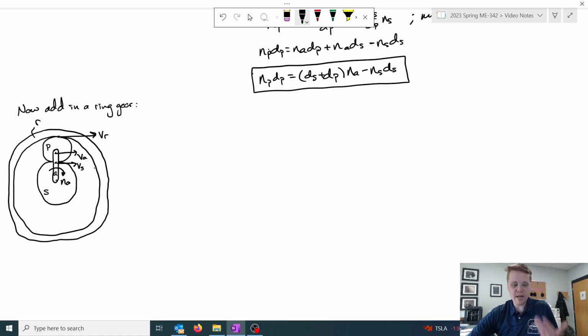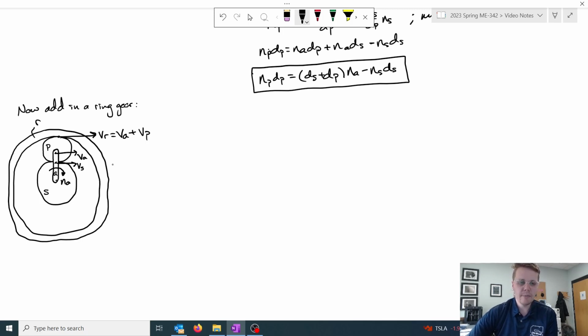And now I can think about how these things work together. One of the things that I would see is that the planetary gear, if I think about its velocity at this point, is not necessarily equal to v sub r, because the planetary gear itself is moving. Therefore, v sub r is going to be equal to the summation of the arm velocity and the planet's velocity at that same point.